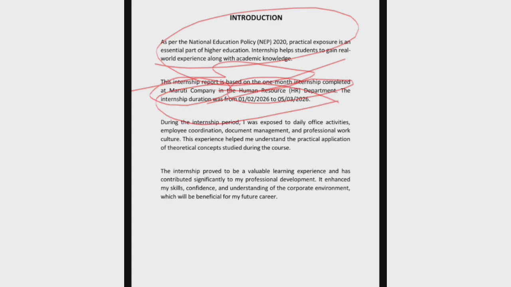Okay, during the internship period I was exposed to daily office activities, employee coordination and document management, and professional work. Also you can write this type of introduction about your work in your internship. Okay, so you can write this, this is the basic format of your internship report. Okay, so now is the next page.